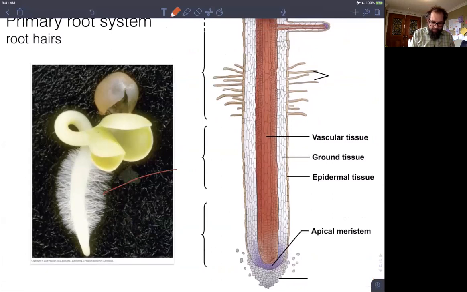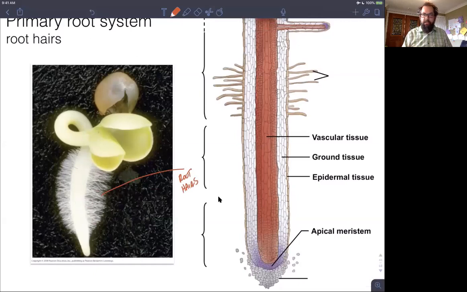All of these projections coming off of this germinating bean seedling here, these are all of the root hairs associated in that zone of maturation. And so you can see the root cap here. We can see the zone of cellular division and the zone of elongation, and then maturation starts right here, and we get the root hairs being produced. And how much that increases the surface area is really quite impressive.